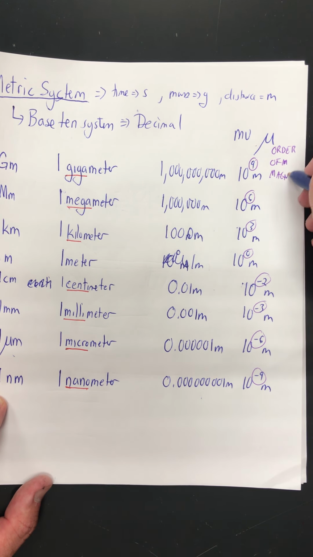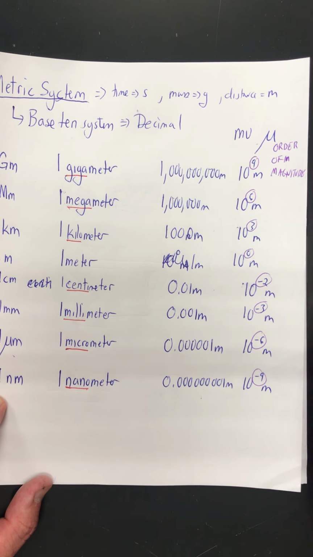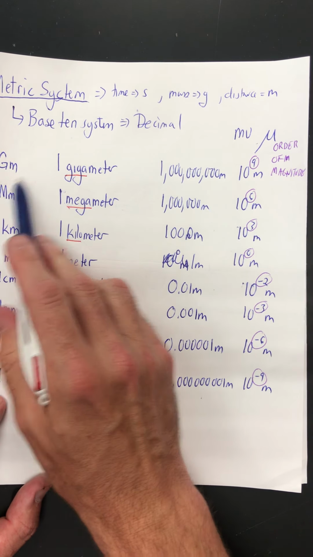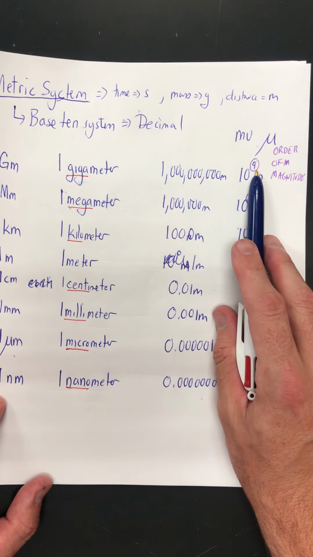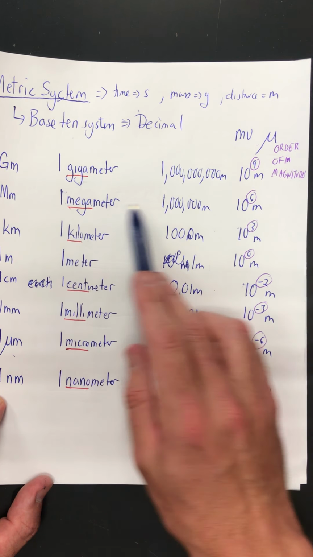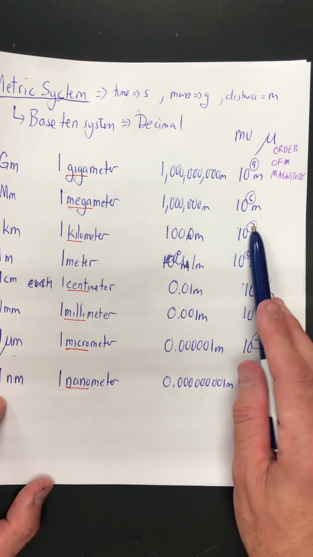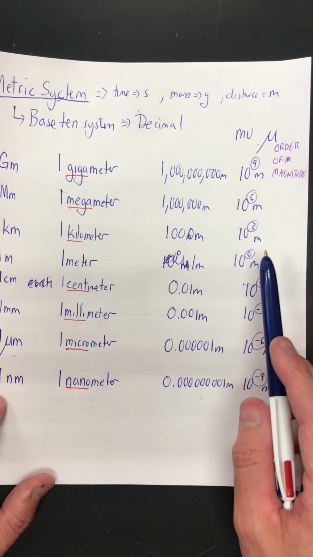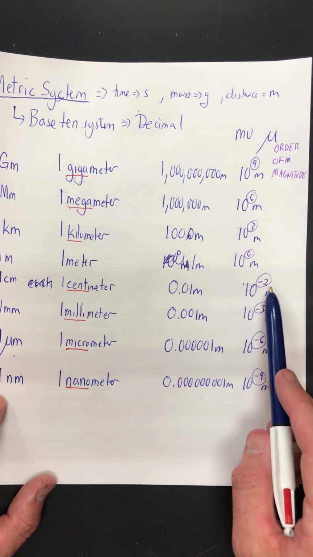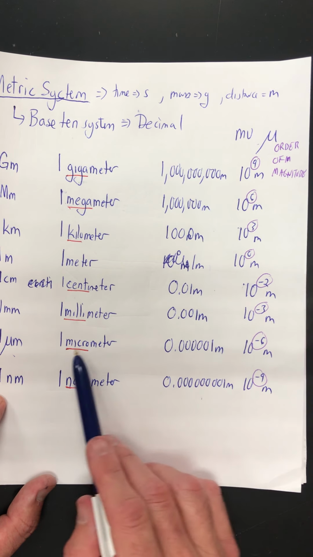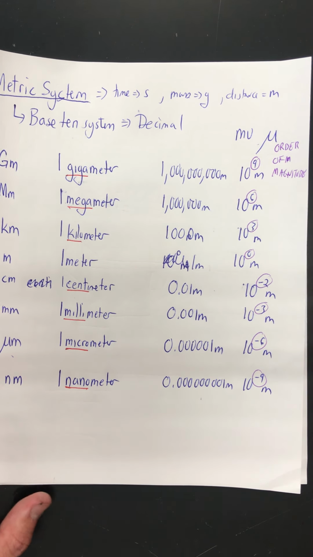Probably should have more space there. The order of magnitude. So in other words, giga is of the order of magnitude of 9. Megameter is order of magnitude of 6. Kilometer, order of magnitude of 3. Meters, order of magnitude of 0. Centi, order of magnitude of -2. Milli, -3. Micro, -6. Nano, -9.